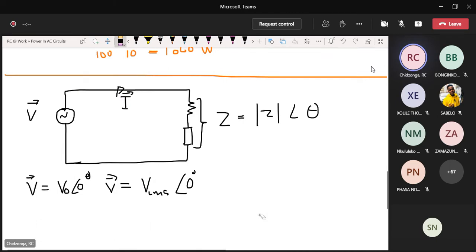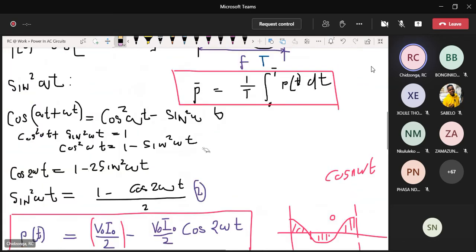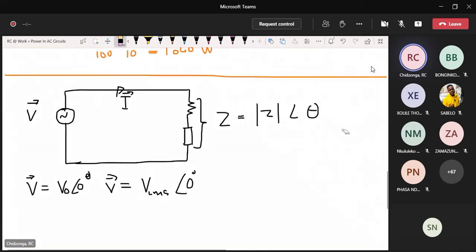Now, the same analysis that we have done here using the cosine and the sine, we can also do when Z is a general impedance.